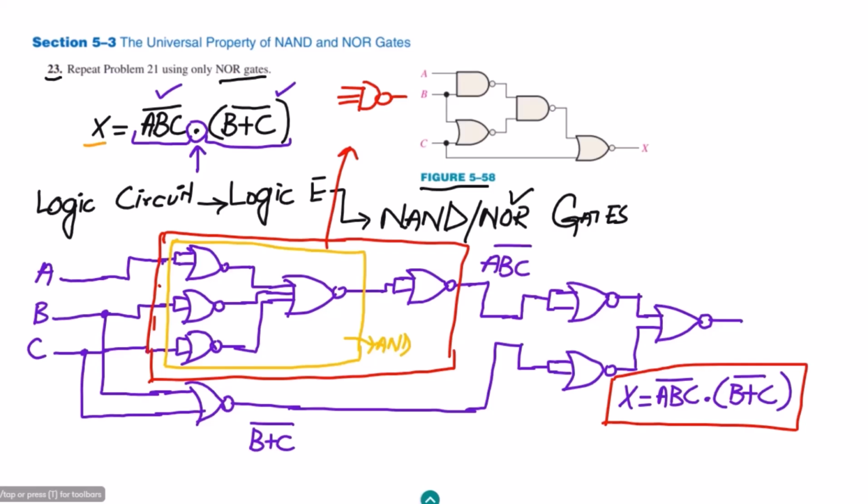This is the implementation of the same circuitry by using the NOR gates, and I hope you have understood all the steps involved in developing the logic circuit by using the NOR gates.